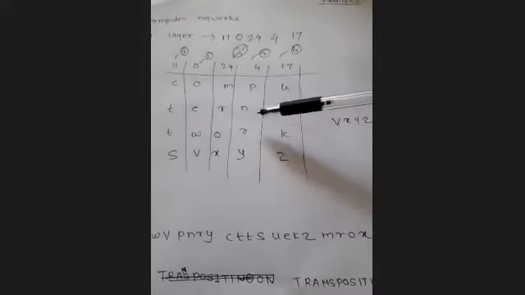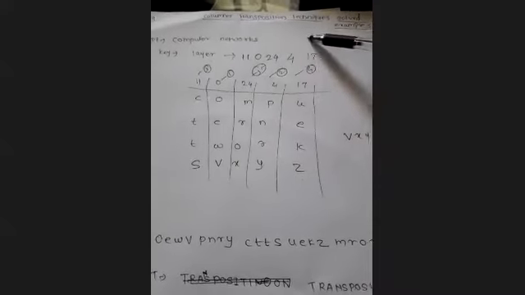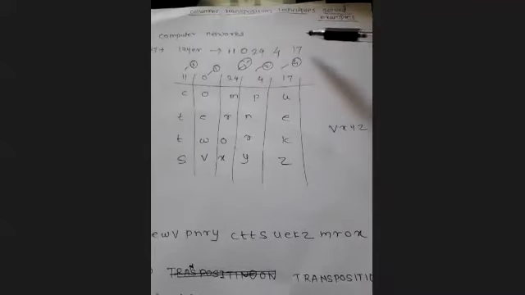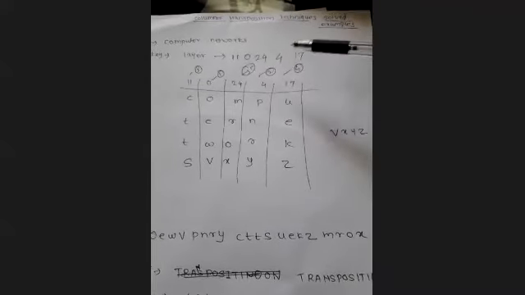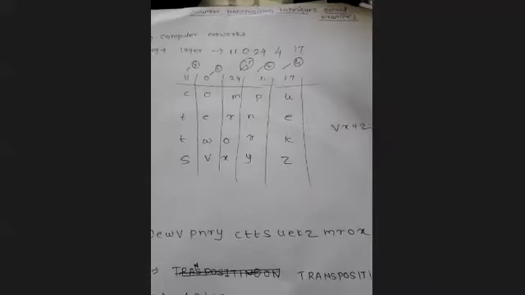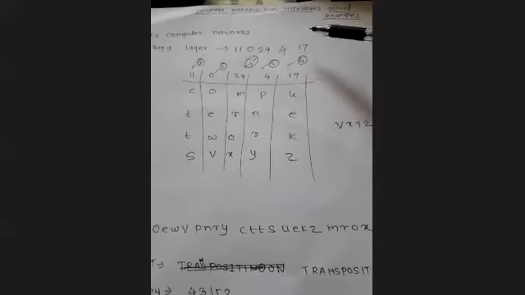The column sequence can be decided according to the given key, or your own key, and then you can read the content. That will be your final ciphertext. So this is one type of transposition technique, that is columnar transposition technique. And one more, that is Rail Fence transposition technique. These are the two types under the transposition technique.